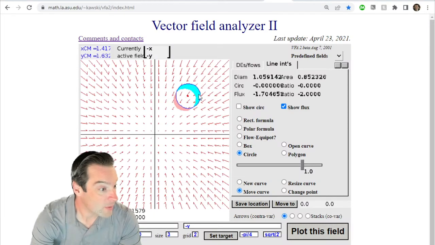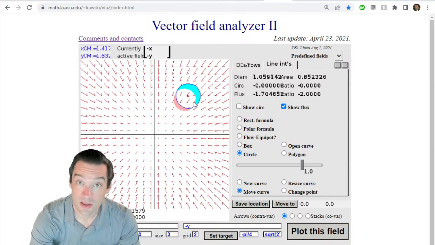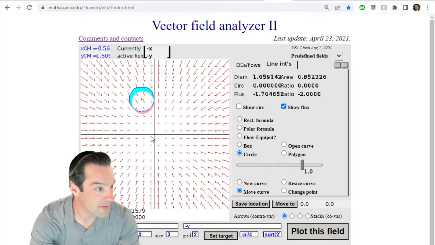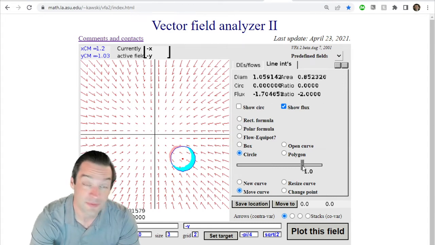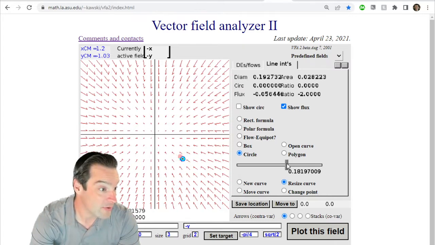No matter what closed curve I draw in the xy plane, and no matter where I place it, the ratio between the total flux into or out of that curve and the area inside my curve is always the same number. It's -2. So if I let that area go to 0, the limit of the ratio of the flux to the area is still just -2, no matter where in the plane we happen to wander.